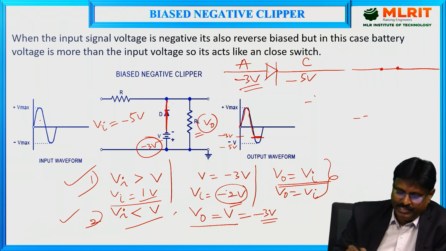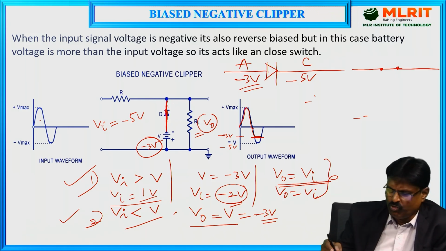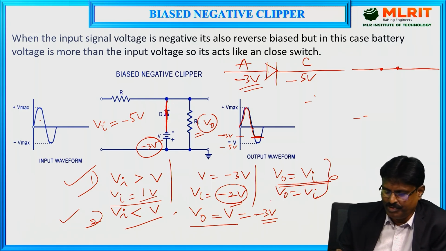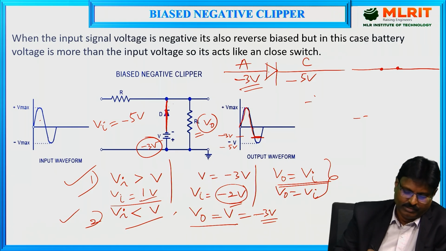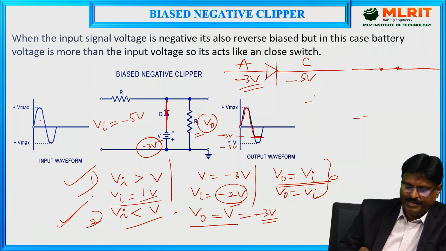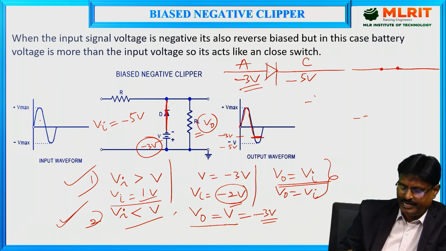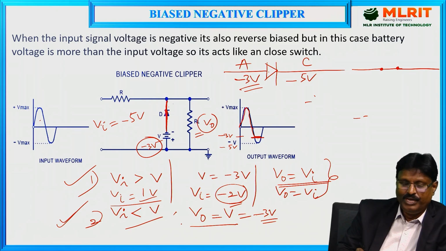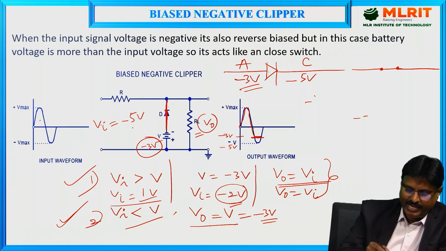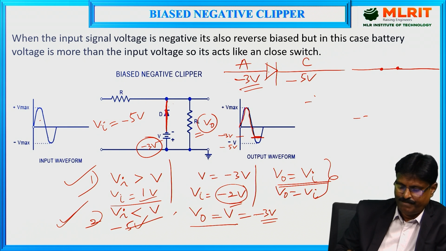And when I saw the operation, the diode is open circuit for reverse bias, and the output voltage is equal to minus 2 volts. And in the second case, Vi less than V, V is fixed as minus 3 volts. Vi less than V means I have taken the Vi value as minus 5 volts. Whenever I take Vi as minus 5 volts, minus 5 is less than minus 3.